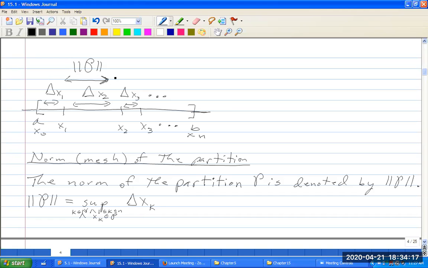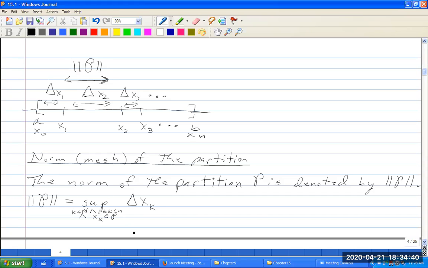It is the largest of all the widths of the particular partition. So for this partition, what is the biggest width for any of these subintervals?